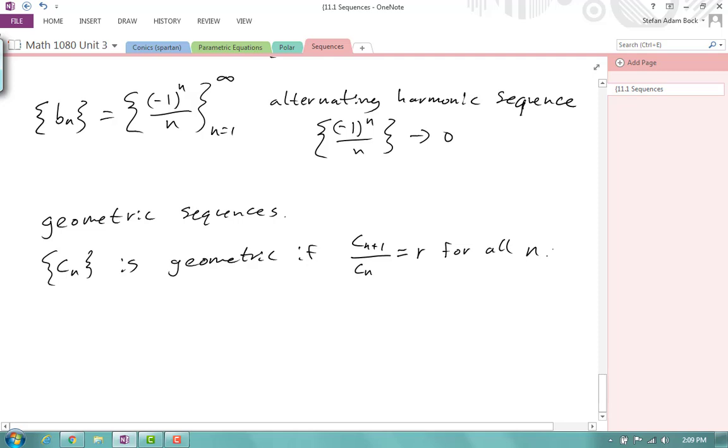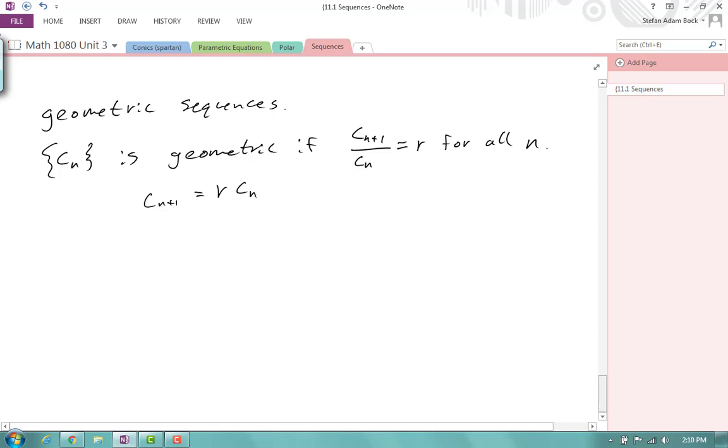This r is called the common ratio, but what it says is that each new term is equal to r times the previous term. Or specifically, C sub n in general is equal to C sub 0 or C sub 1, wherever you start, times r to the n.